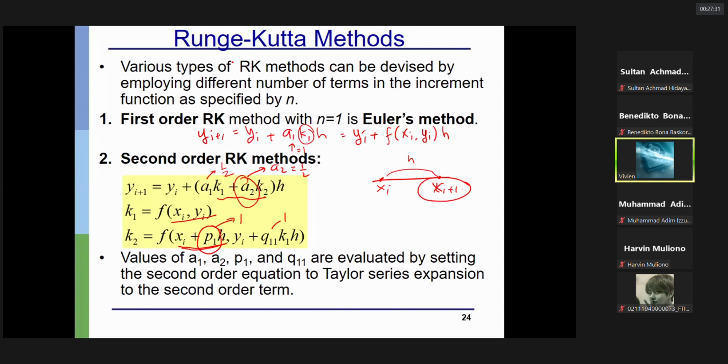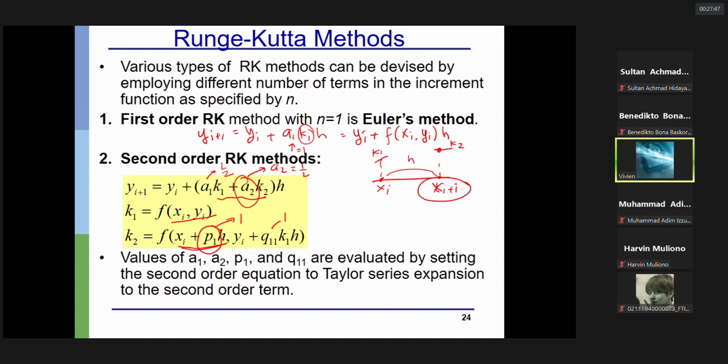So if we choose A2 is half, it means that we use the Heun's method, and to approximate the value we use two points here: the slope of K1 and the slope of K2. How to find the slope of K2?